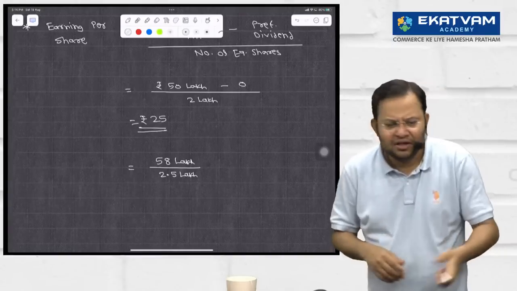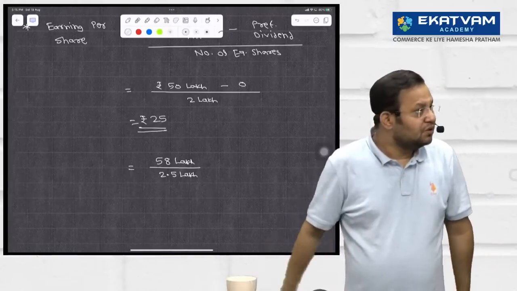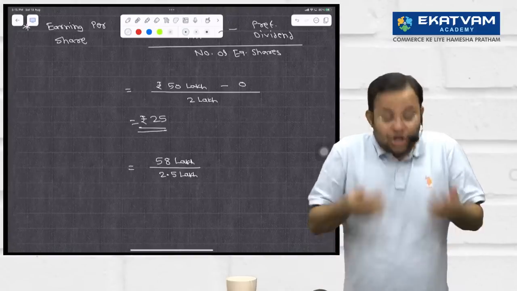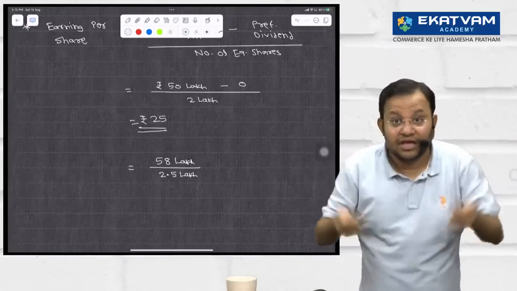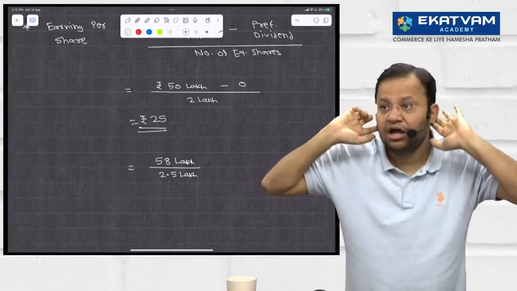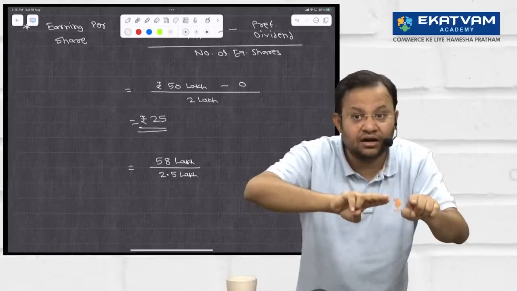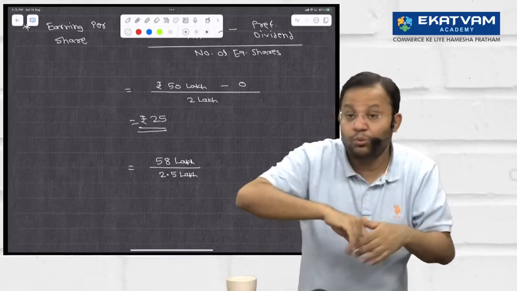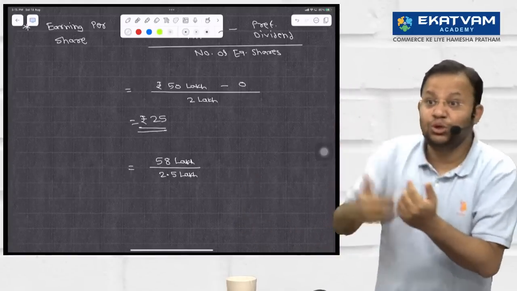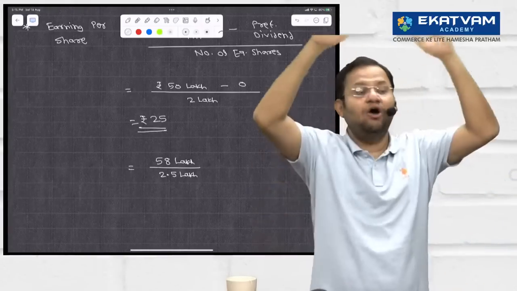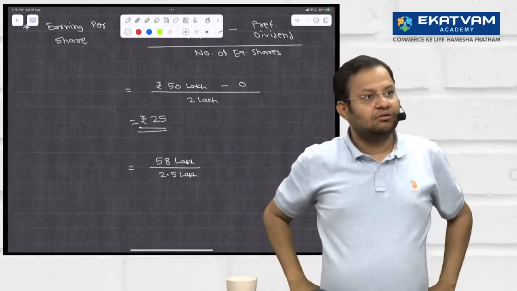So what am I doing? Wait, stop. I ask a question to myself. In the current year, had all convertible debentures actually been converted into equity shares, what would have been the earning per share?